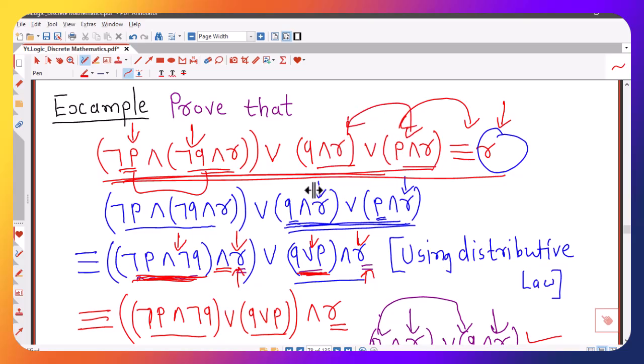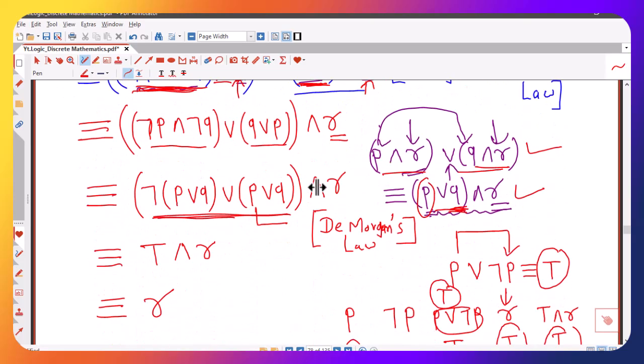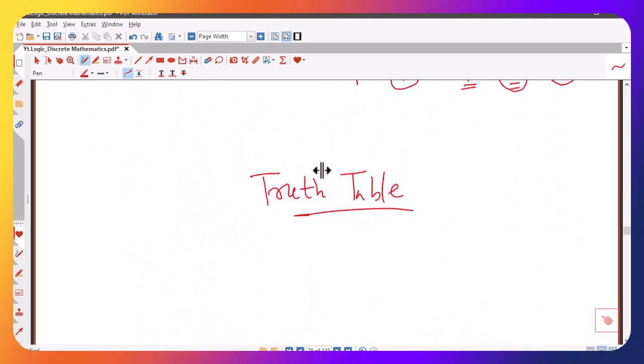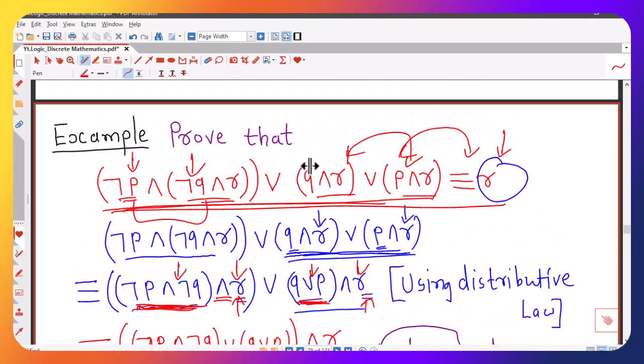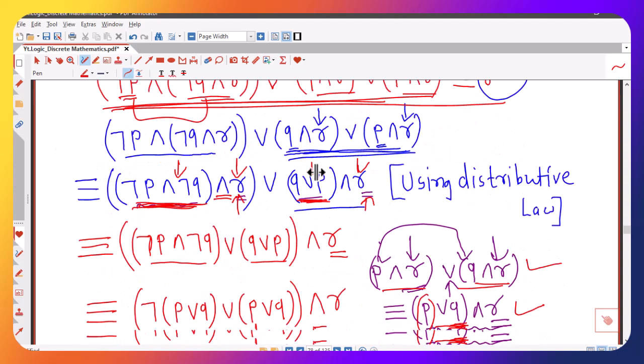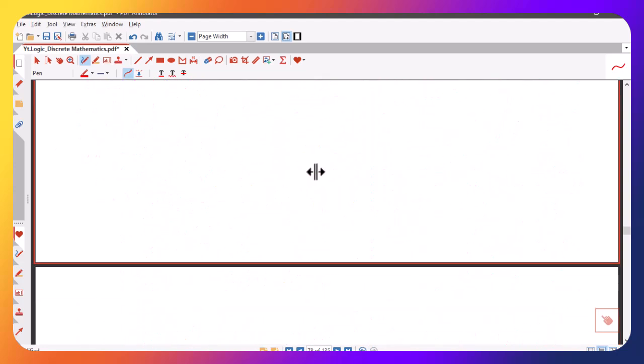So that will be more time consuming as compared to this. So if you are comfortable, you can use this method also to prove that given propositions are logically equivalent. Otherwise you can use truth table also.